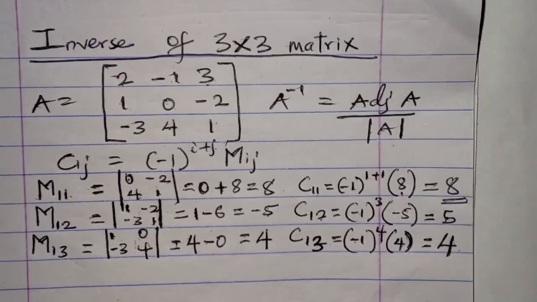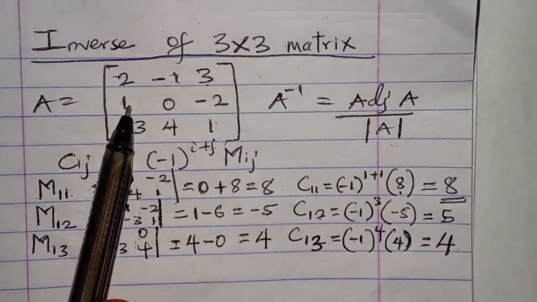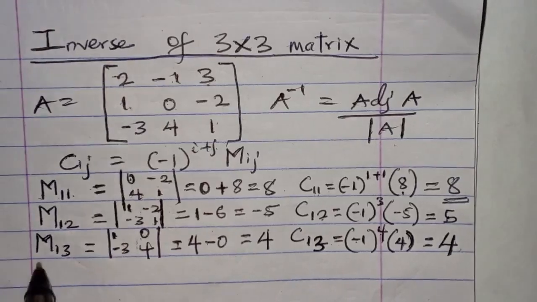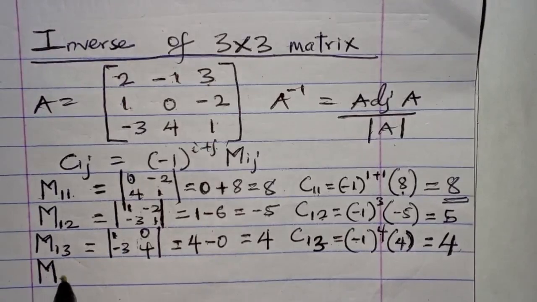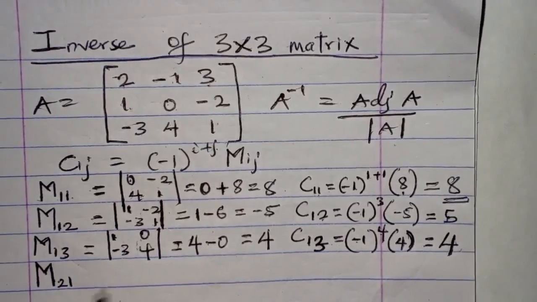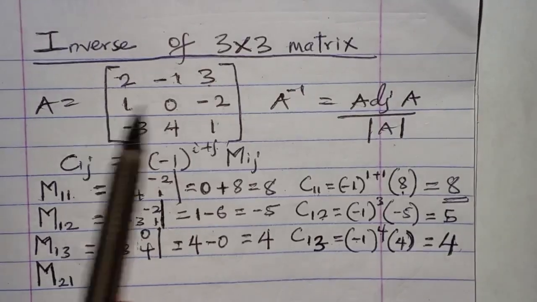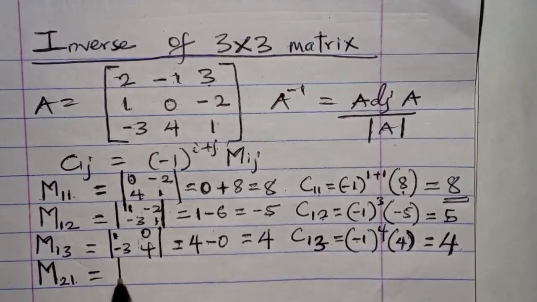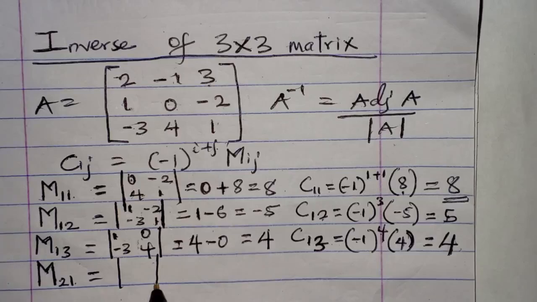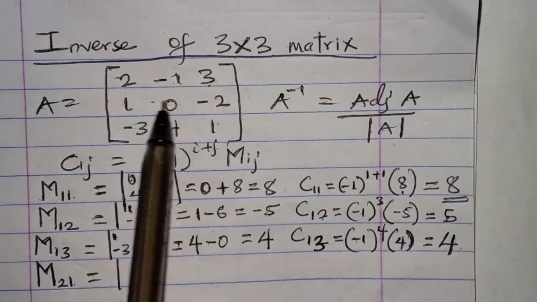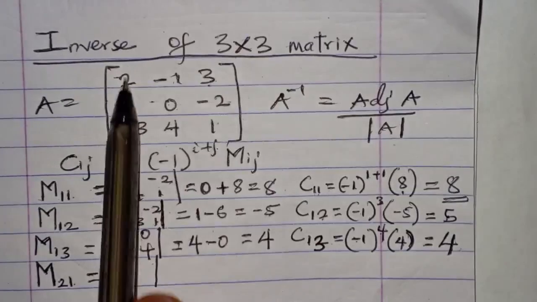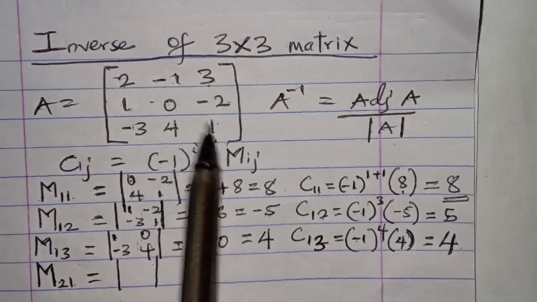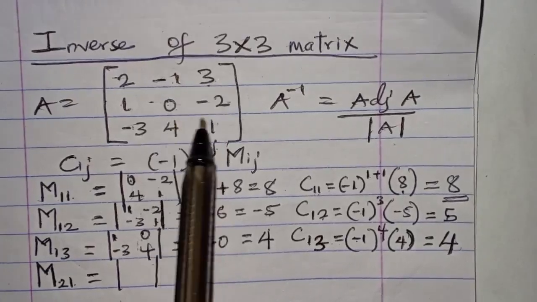And then we come to the second row now. This element is in the second row, first column. That's the minor M21. That's why we have 21 here. If we close up this row and this column, we'll be having the elements minus 1, 3, 4, 1.